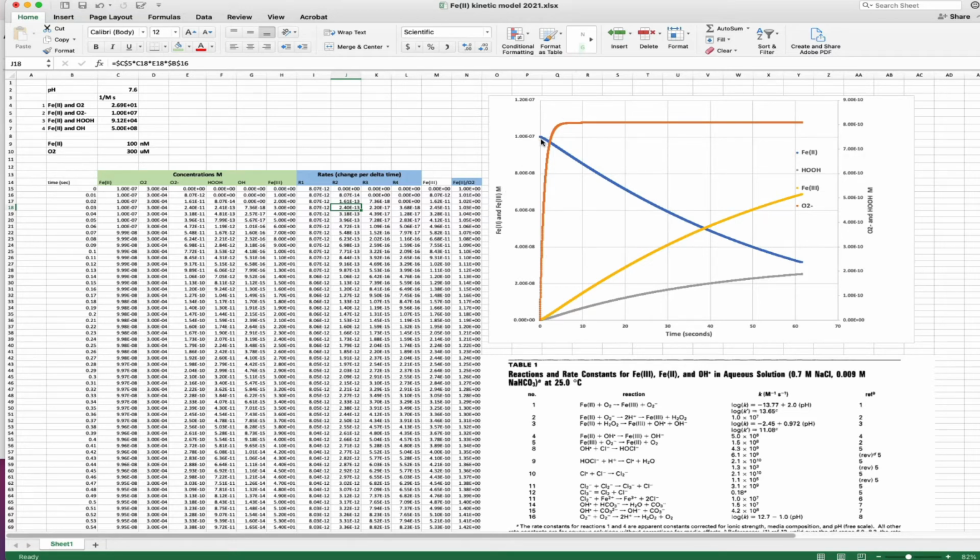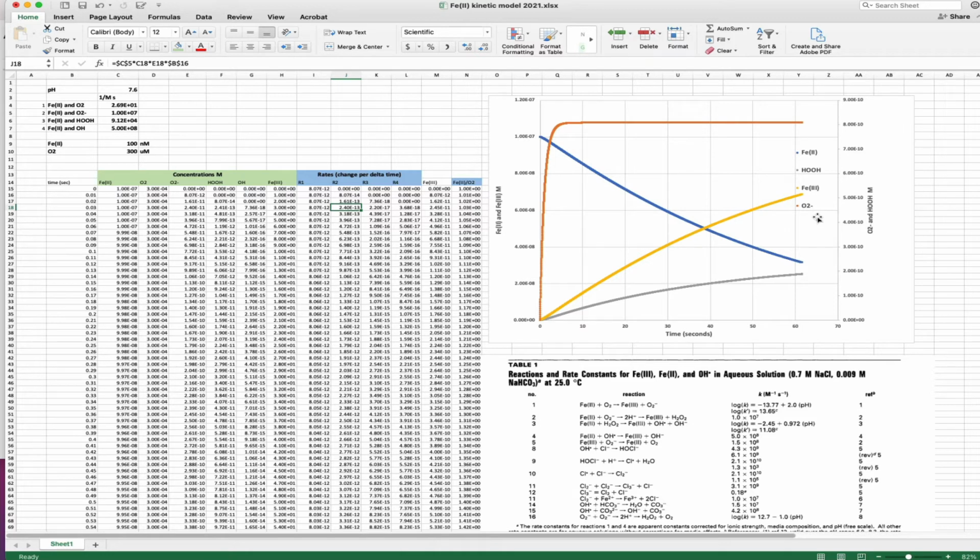It starts at 100 nanomolar at time 0, and it decreases down to about 30 nanomolar at time 60 seconds. You can start to see the clear exponential decay in that blue line. The iron 3 concentration is just the opposite. It's the yellow line. As iron 2 goes away, iron 3 comes in. Again, you can see that exponential curve.